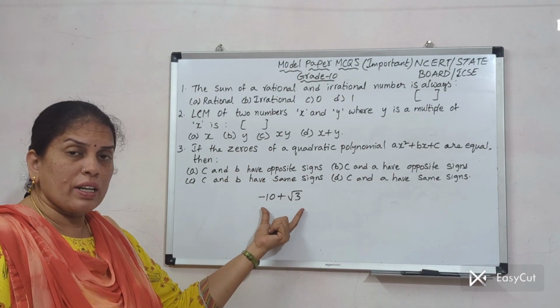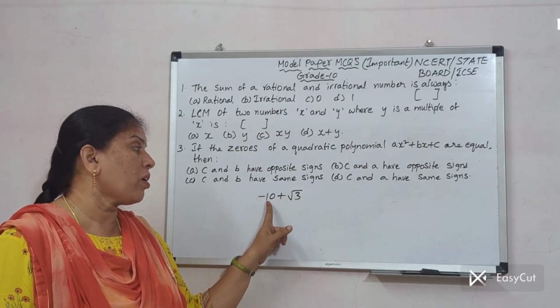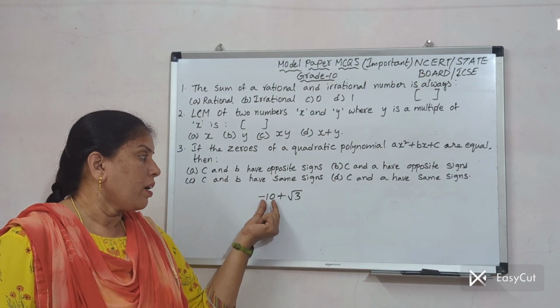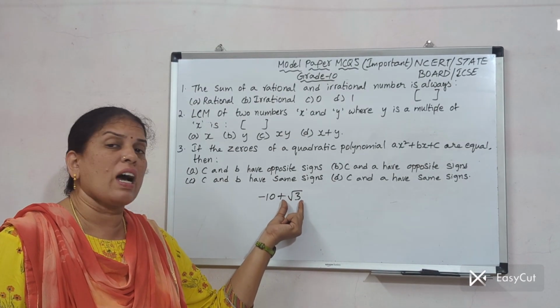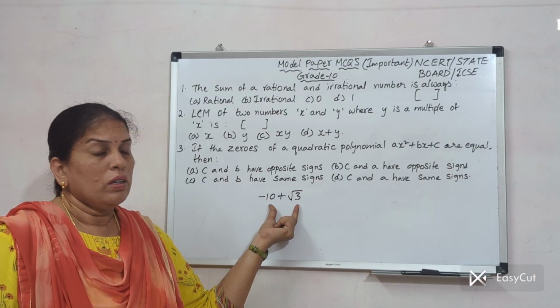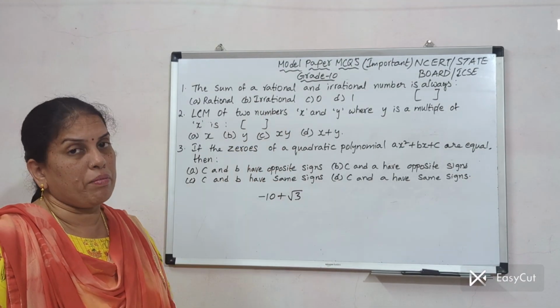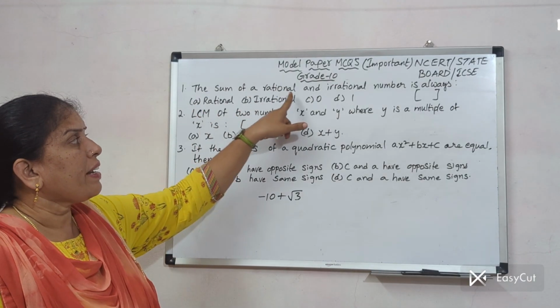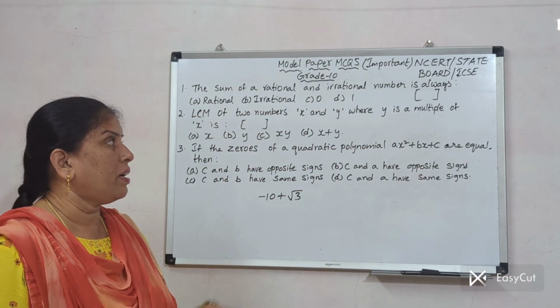Is this an irrational number? Yes, this is an irrational number. Minus 10 plus root 3 is an irrational number. We can't simplify that one. So, what is the answer for this question? The sum of a rational and irrational number is always an irrational number.